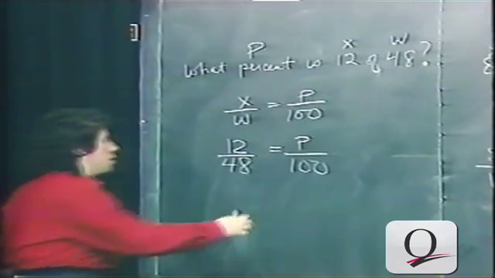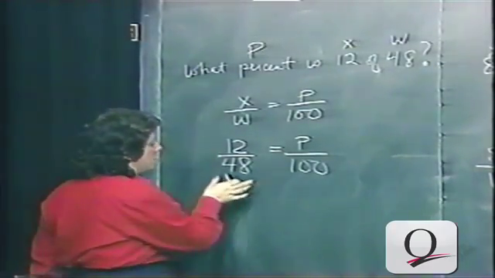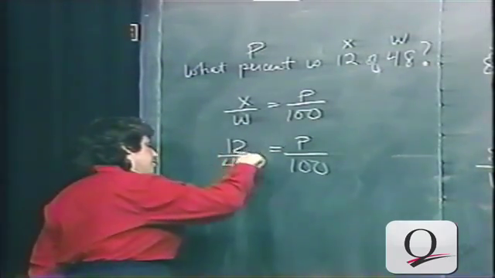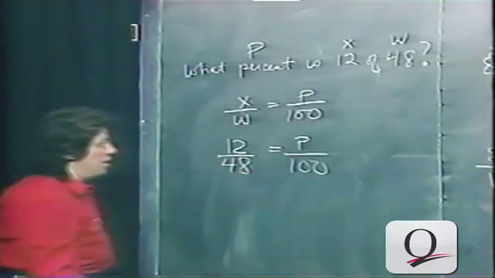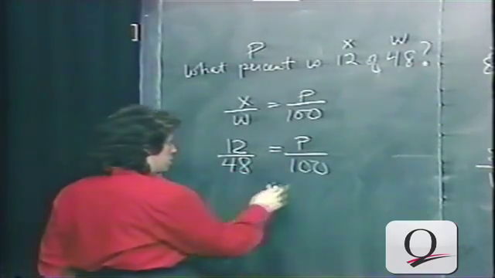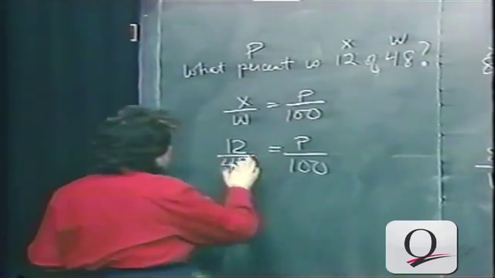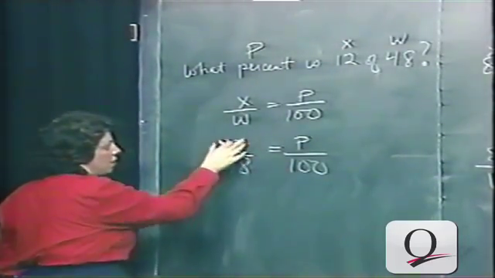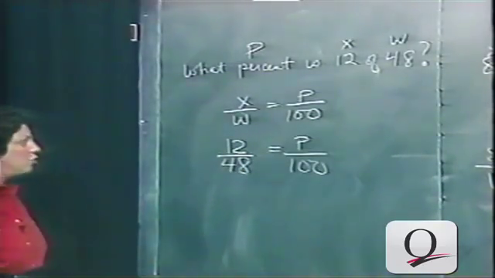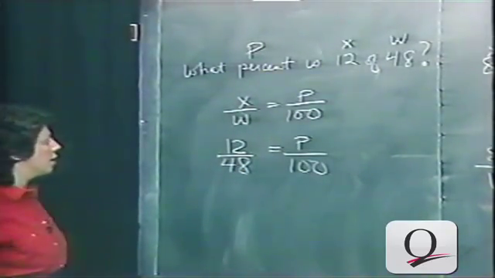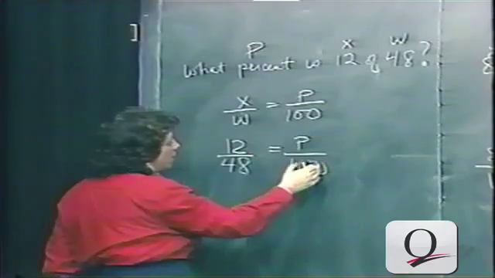What we're trying to do here is rewrite this fraction as a percent. You can rewrite 12 over 48 as a percent by multiplying by 100 and adding the percent sign.